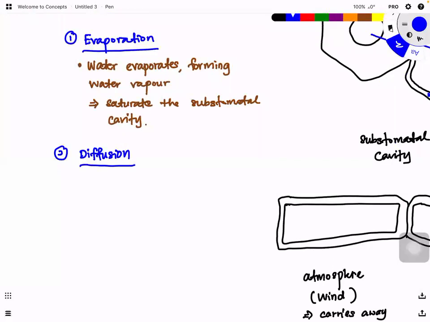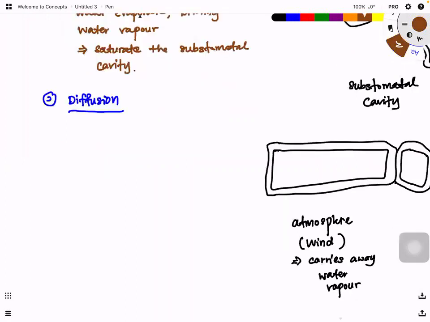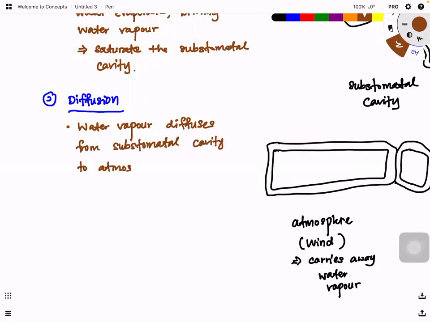So why diffusion, not osmosis? Okay, because we do not involve the phospholipid bilayer or selectively permeable membrane. So therefore, in this case, we say that water vapor diffuses. Okay, from where? Water vapor diffuses from the substomatal cavity to or into the atmosphere, by diffusion down the water potential gradient.